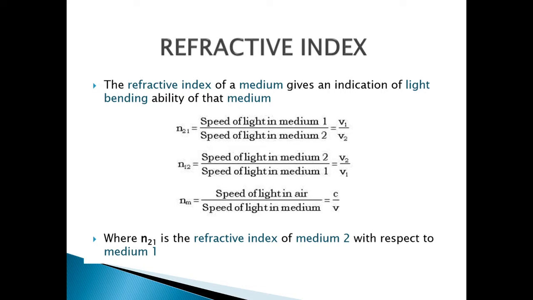That will give you the refractive index. So N21 is the refractive index of medium 2 with respect to medium 1. Whichever medium you are viewing from, that will be considered. If you are seeing from medium 1 to 2 how much it bends, that is N12.